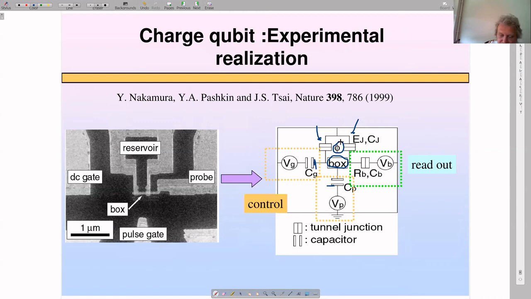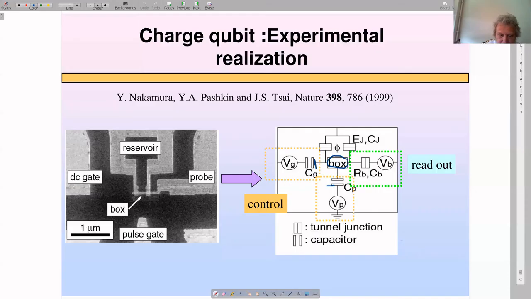And one had to have a possibility to read out the state of the box, and that has been achieved by some means. Great.